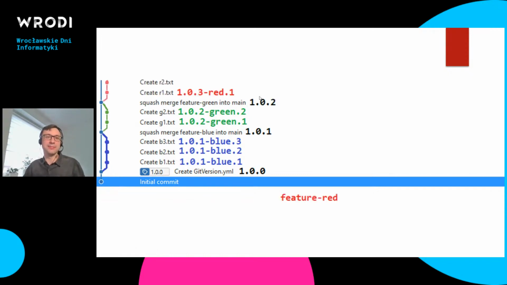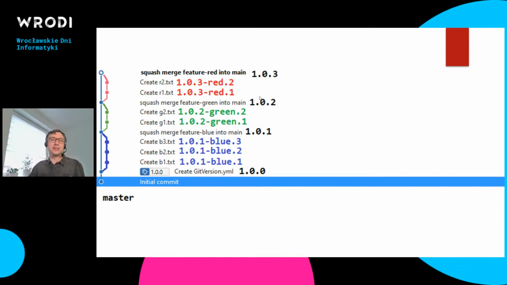This is as simple as this. And this approach can be useful if you are working in this kind of branch strategy. I thought it's also useful for demonstration because it's simple and hopefully easy to grasp the idea behind the automatic versioning. So that's the first example.